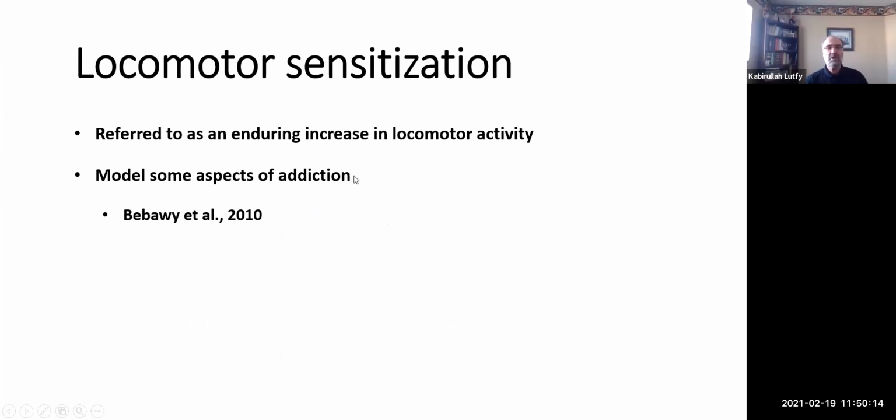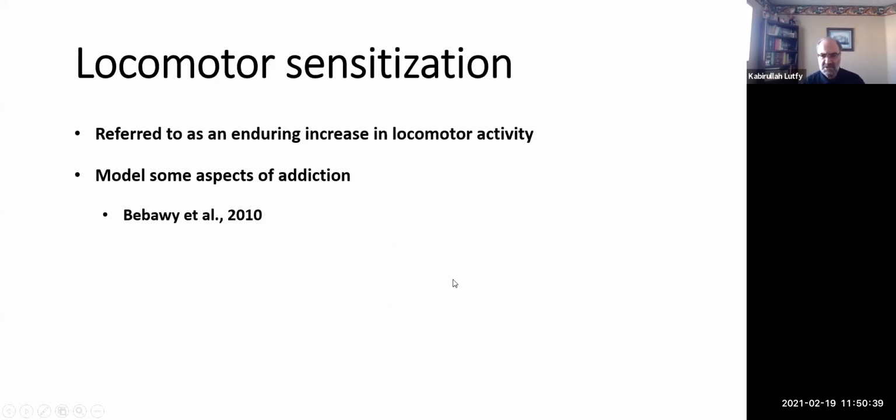Okay, so locomotor sensitization is referred to as an enduring increase in locomotor activity, and some people consider it a model of some aspects of addiction. We basically published a couple papers using this model.